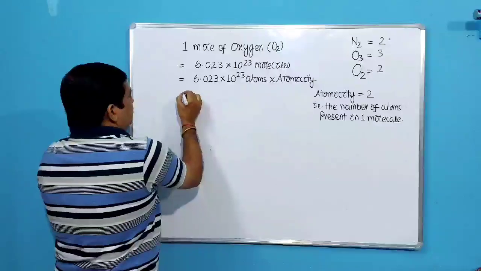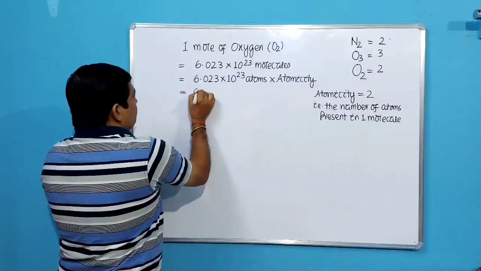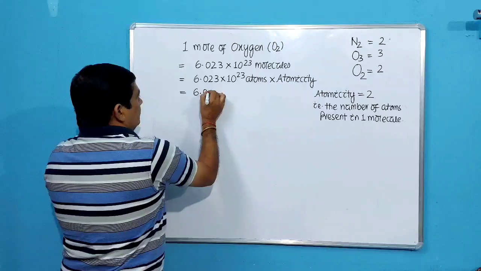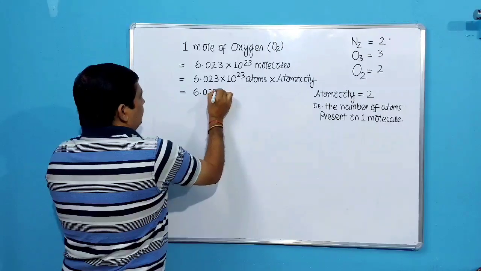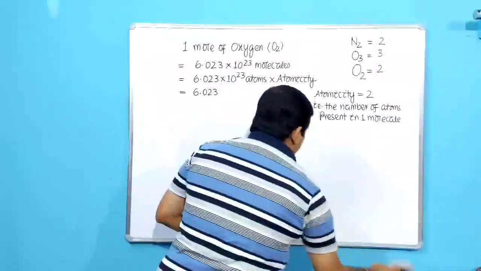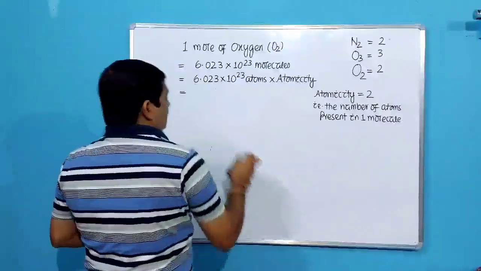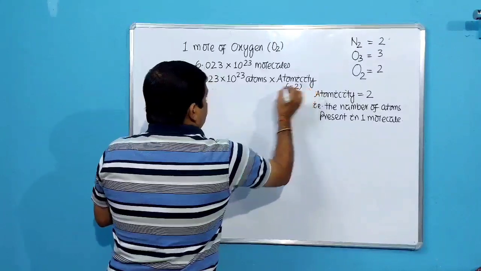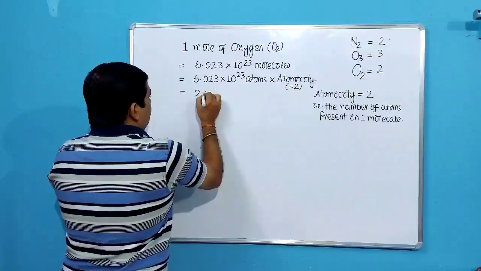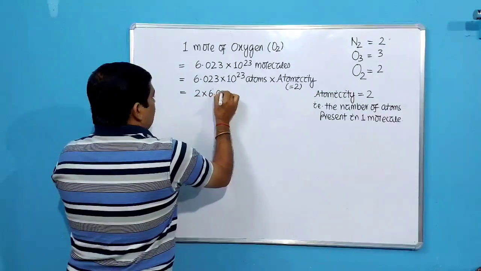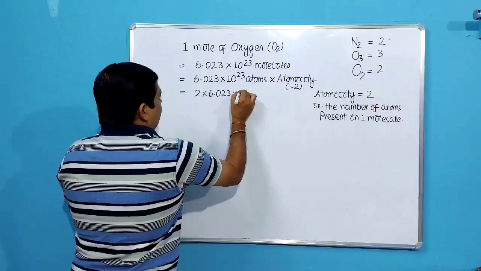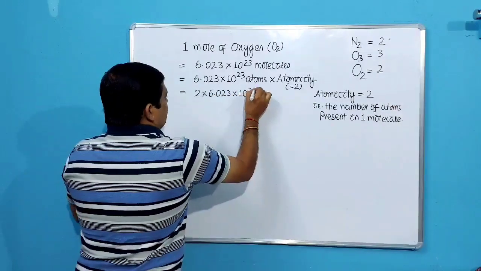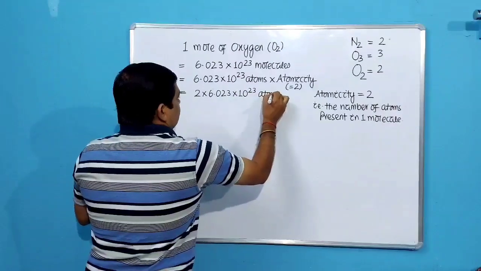So 2 into 6.023 into 10 to the power 23 atoms of oxygen.